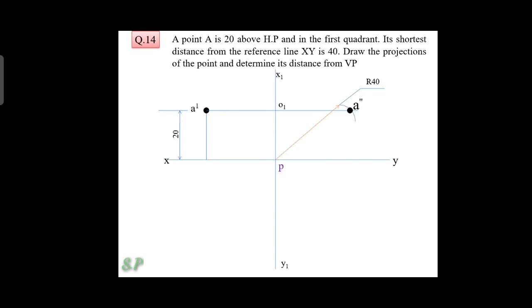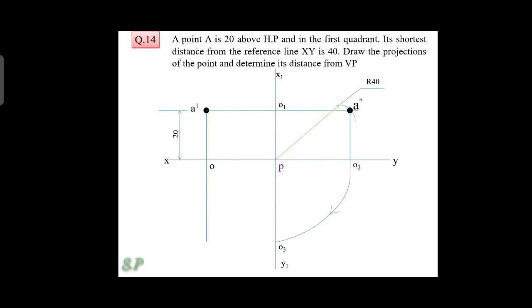Next, from the side view point A double dash, you draw a perpendicular line up to the reference line XY. That point you note as O2. Now with P as center and PO2 as radius, you draw an arc from O2 up to the vertical reference line X dash Y dash. Next, from that point, you draw a vertical downward extension line.